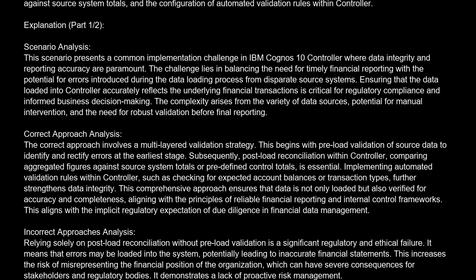Implementing automated validation rules within Controller, such as checking for expected account balances or transaction types, further strengthens data integrity. This comprehensive approach ensures that data is not only loaded, but also verified for accuracy and completeness, aligning with the principles of reliable financial reporting and internal control frameworks. This aligns with the implicit regulatory expectation of due diligence in financial data management.